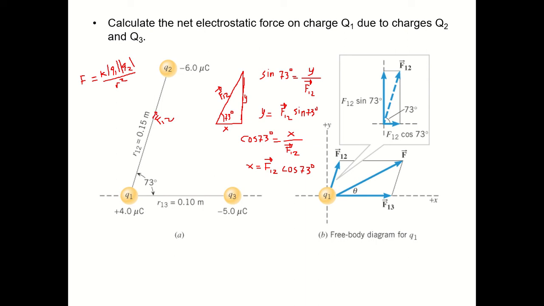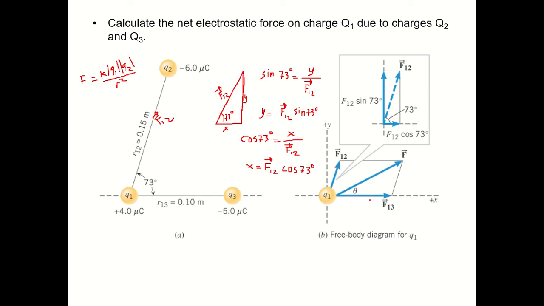Our F sub 1 2 is here, and also here, F sub 1 2, this one. Then apart from this, you calculate using this one. So you have to sum up forces, class, because we have the vertical component and the horizontal component of F12 that can be combined with F13.